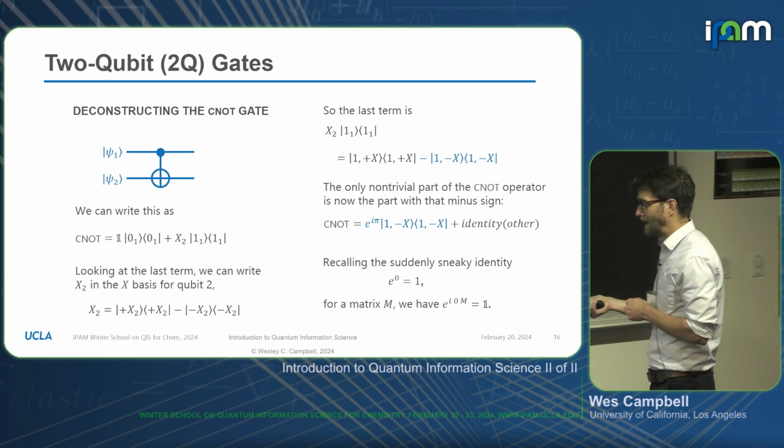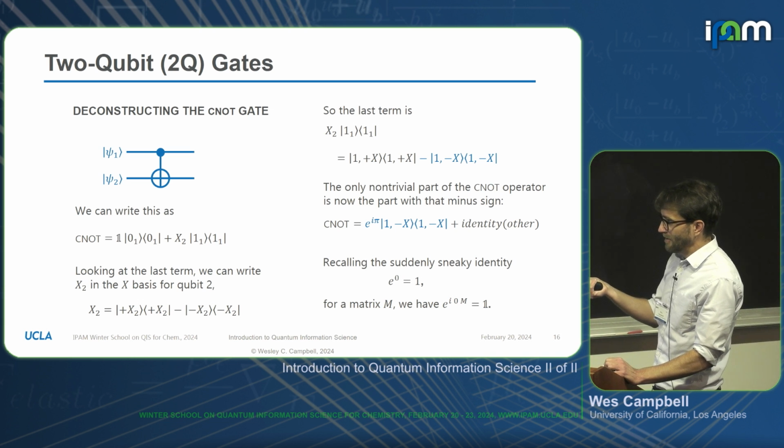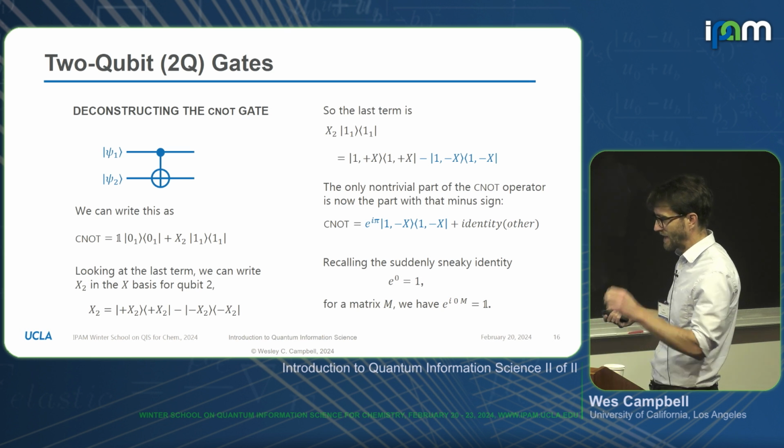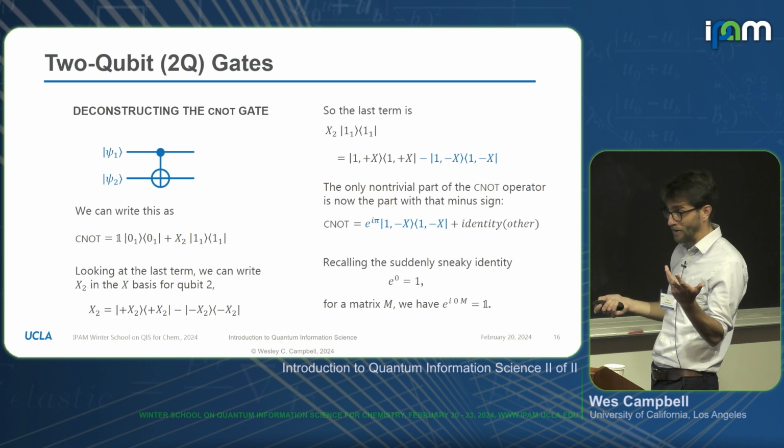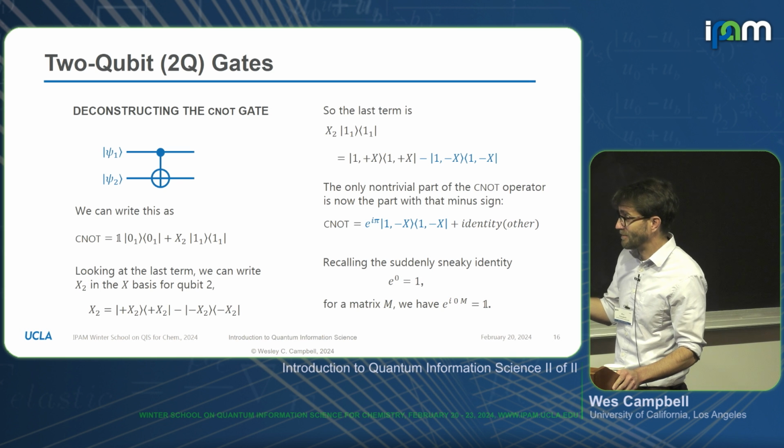Okay? Now, this is suddenly kind of sneaky here, because if I want to produce the identity operator from some Hamiltonian, if this is the time evolution operator associated with some Hamiltonian, the Hamiltonian lives in the exponent. If the Hamiltonian is 0, I get an identity operator here, right? So that's a little bit of a sneaky thing.